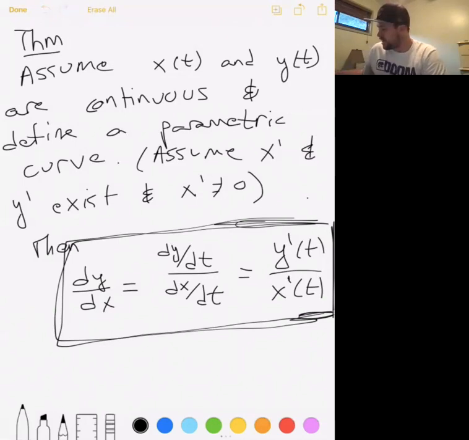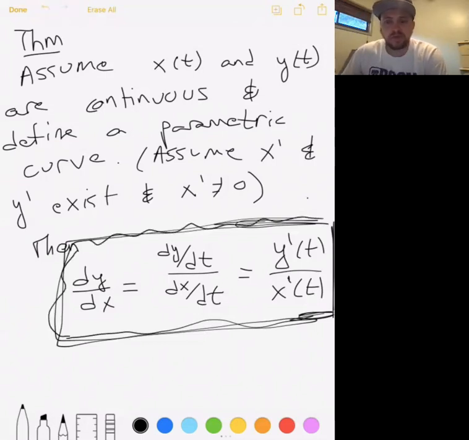Now that we've seen that indeed we have a way of calculating the derivative while remaining in parametric form, let's see what else we can do while still being in parametric form. If you think back to Calc 1 and Calc 2, what did we do after we learned how to take the derivative?